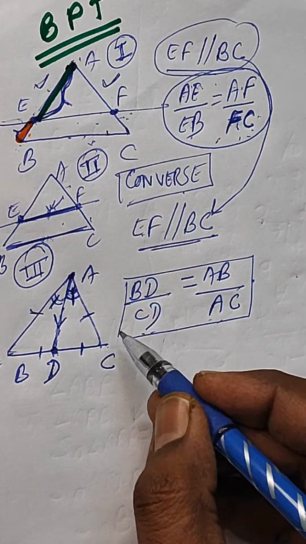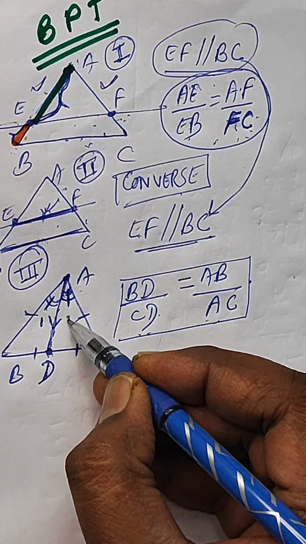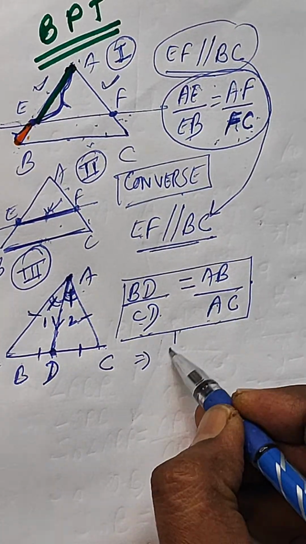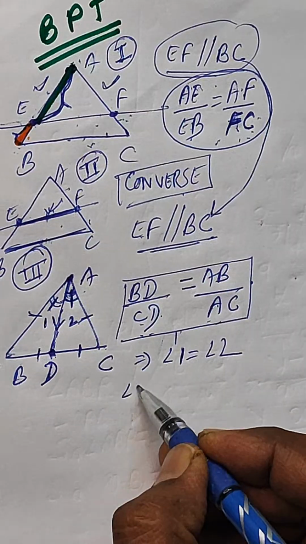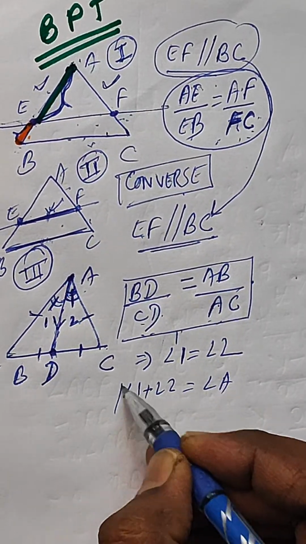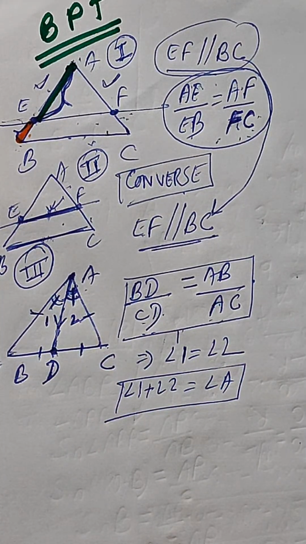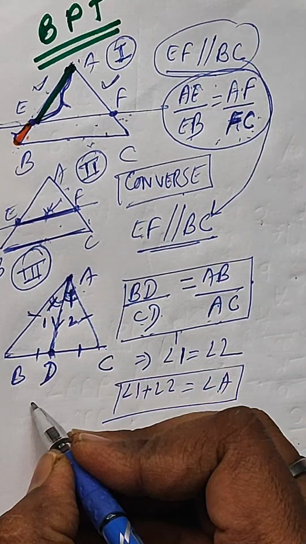So we can say that if this is angle 1, this is angle 2, and this condition is valid, this implies angle 1 equals angle 2, where angle 1 plus angle 2 is nothing but angle A. I hope it's understandable. So this theorem will be valid.